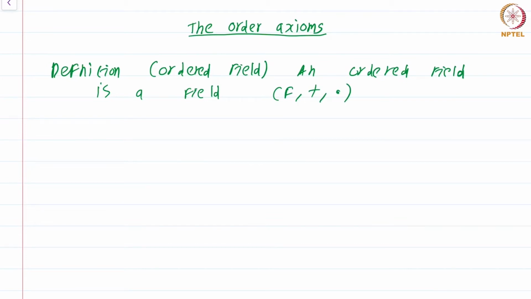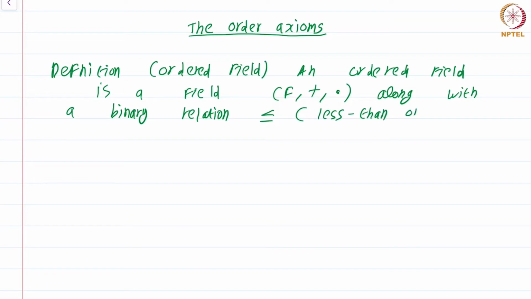Last time I did it by times, it really doesn't make a difference, along with a binary relation which we denote as less than or equal to, that satisfies certain axioms.